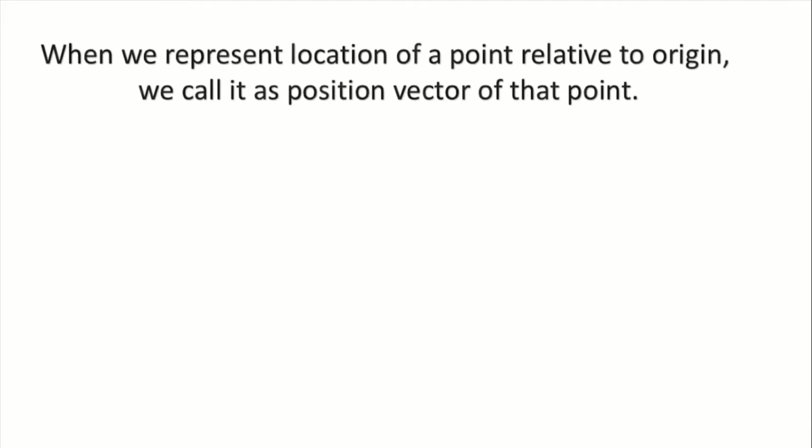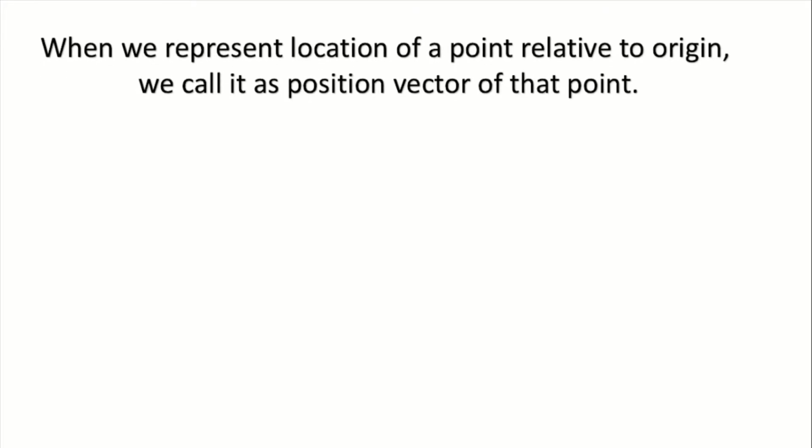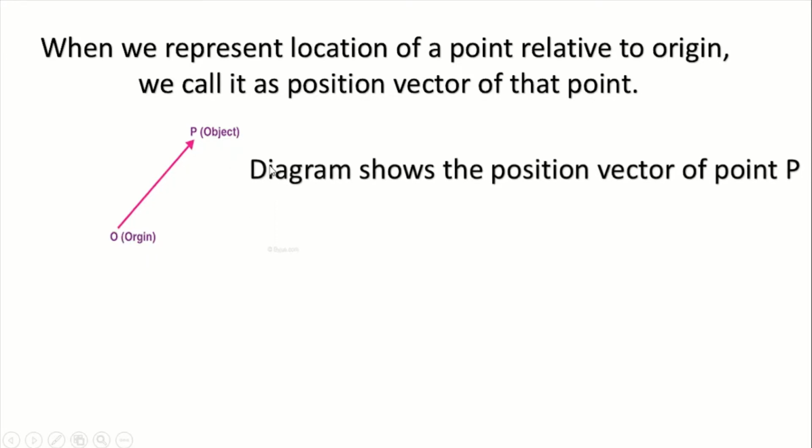When we represent the location of a point relative to the origin, we call it the position vector of that point. As an example, this diagram shows the position vector of P. Here is the point P and the position from O. This vector we call the position vector.